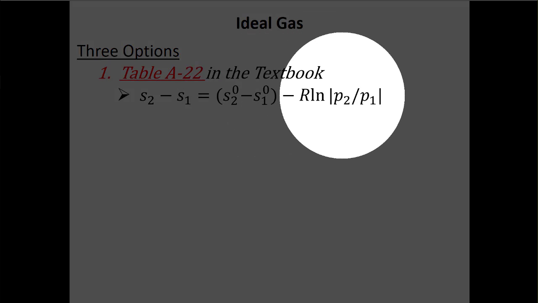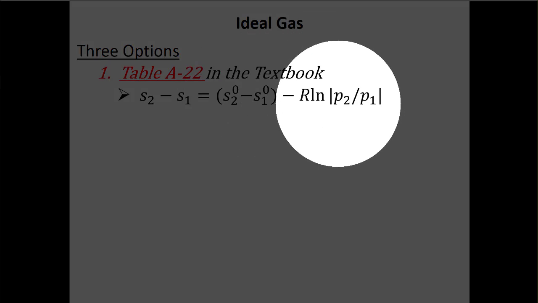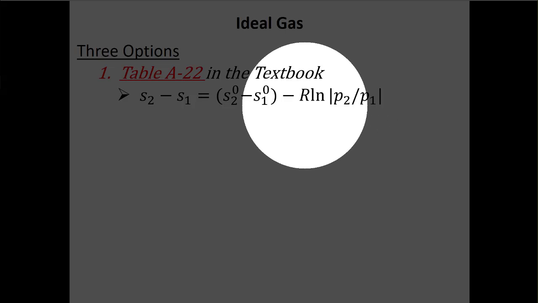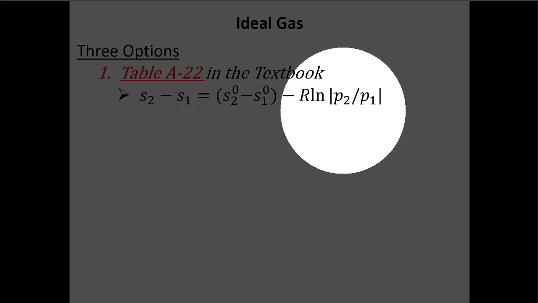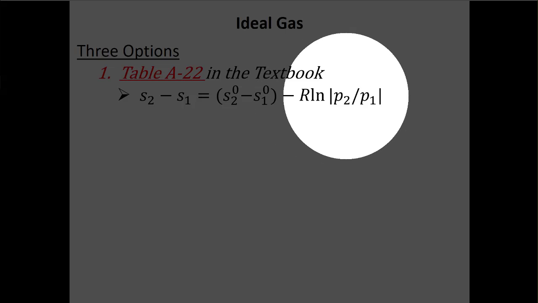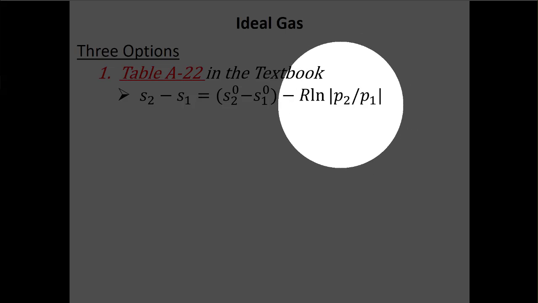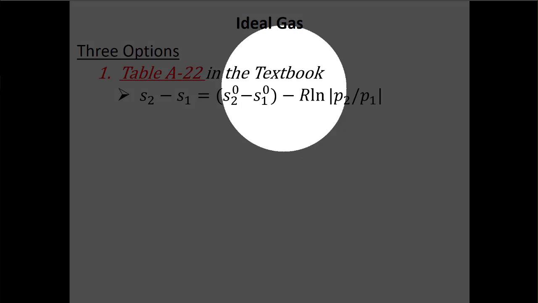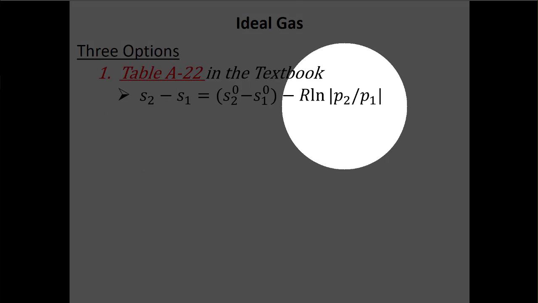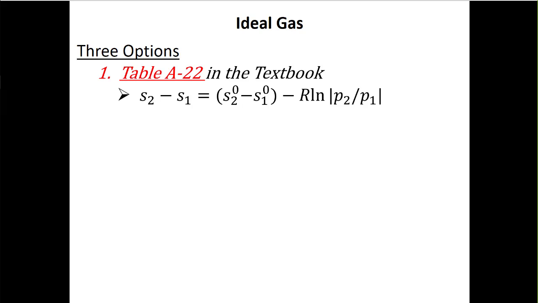So then we have to add this second part. That's negative R. Remember, R is the specific gas constant, which is the universal gas constant divided by the molar mass. Now again, we have this natural log of something over something, but this time it's P2 over P1. And again, state 2 comes first in our delta, so state 2 goes on top in the numerator in the natural log term.